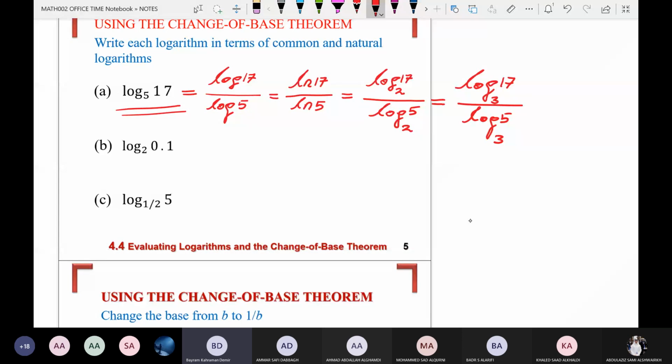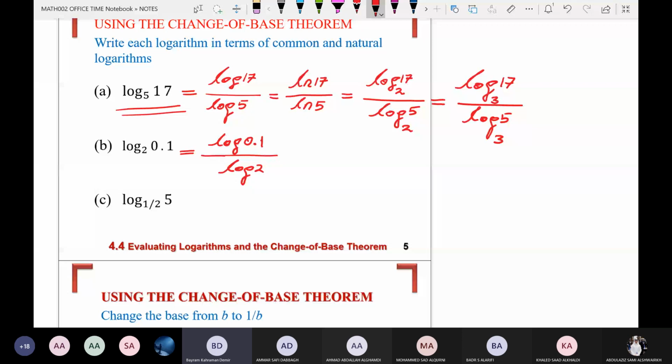Well, why don't we change this one, Shabab? We have logarithm with base 2. Maybe I would like to change it to base 10. How about that? Logarithm of 0.1 base 10 divided by logarithm of 2. Yes, I can write like that.